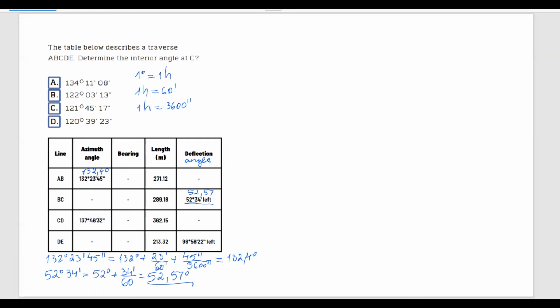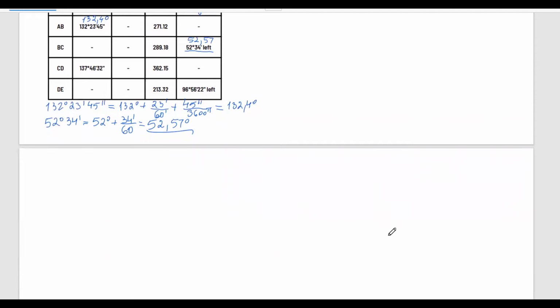All right, and also let's go ahead and calculate this one. I will write it on this lower page here. I'll scroll down a little bit. So I'll have 137 degrees, 46 minutes, 32 seconds. And this is going to be 137 degrees plus 46 minutes divided by 60, plus 32 seconds divided by 3600 seconds in an hour.